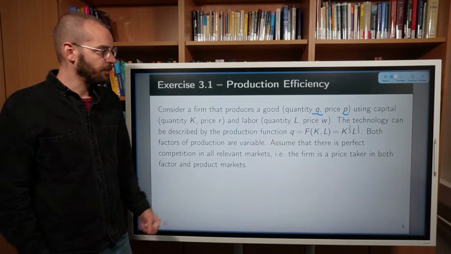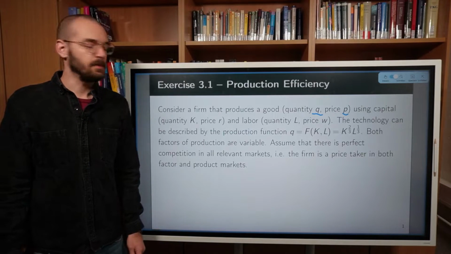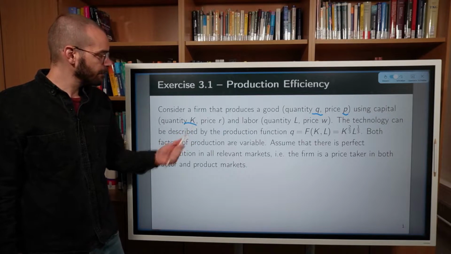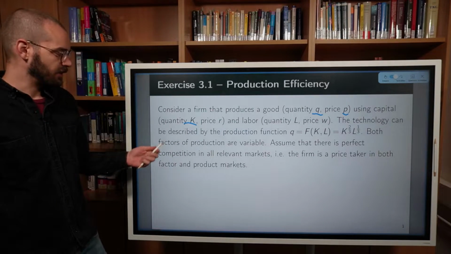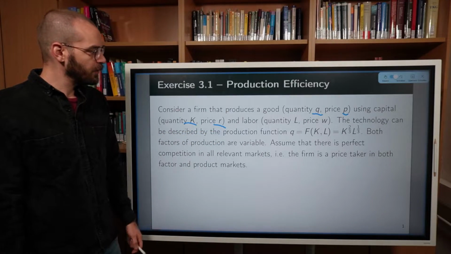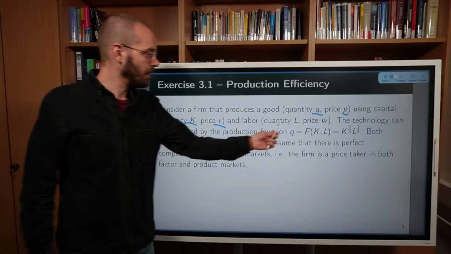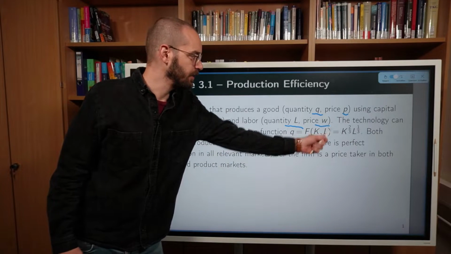For capital, we will denote the quantity of capital that the firm is using to produce the good with K, and the price of this capital per unit is called R. For labor, we will call the quantity of labor used as an input L, and the price W.